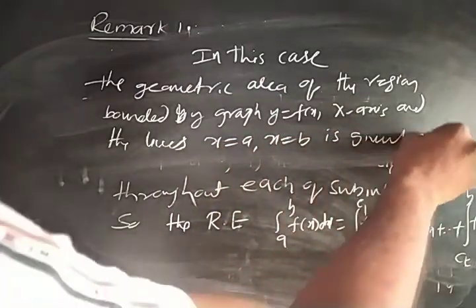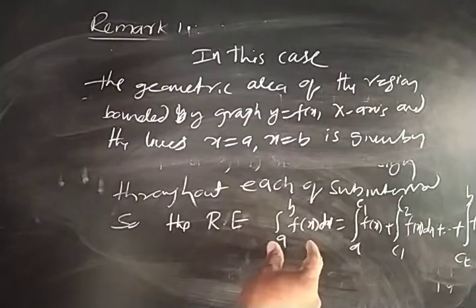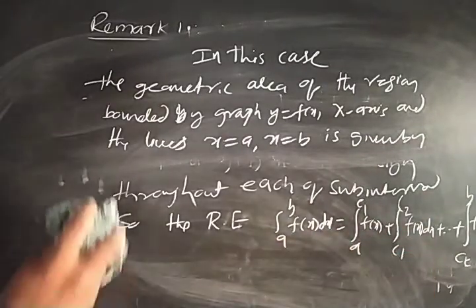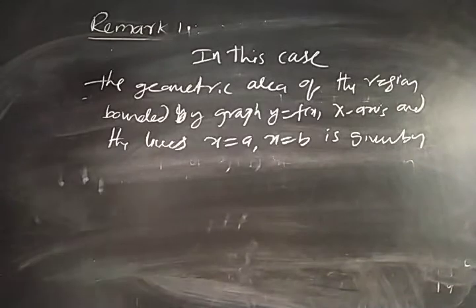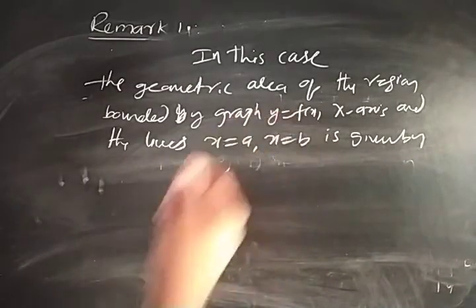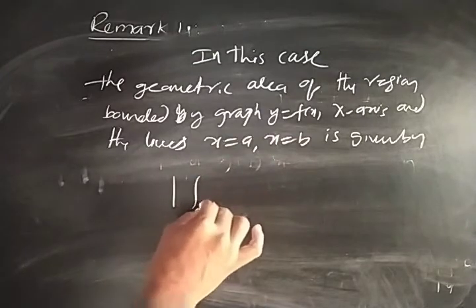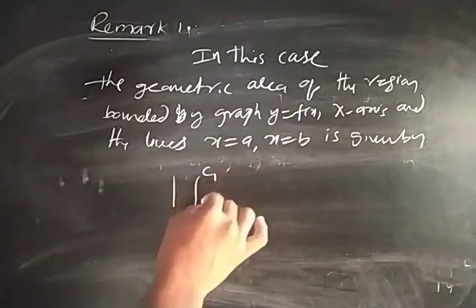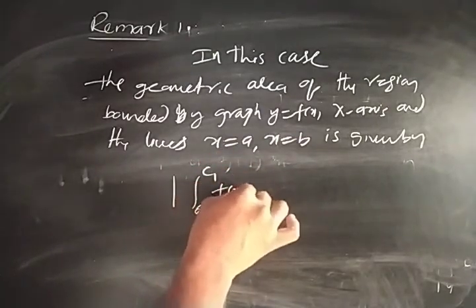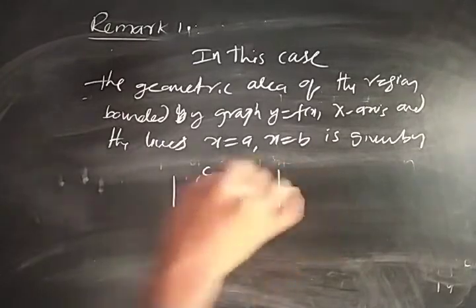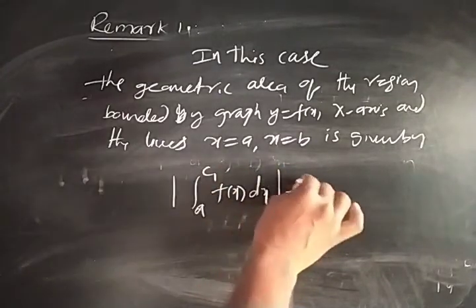If you need the Riemann integral, you directly add the integrations in the subintervals. But if you need the area, then in the subinterval a to c1 you take the integration of f of x dx and put the mod, because area should not be negative.